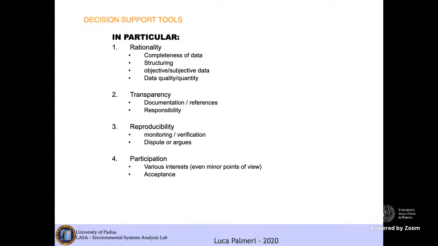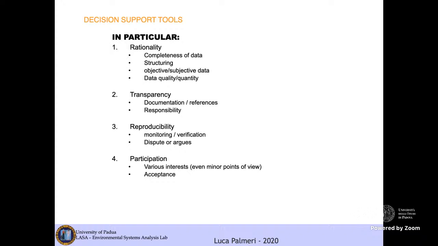In particular, rationality has to do with the completeness of the data and the structuring of choice, with the objectivity or subjectivity of data, and with the quality and quantity of data. So in trying to be rational, we shall be as complete as possible with the data. We shall structure our data in the most structured way, and we will soon give you an example of what we mean by a structured decision.